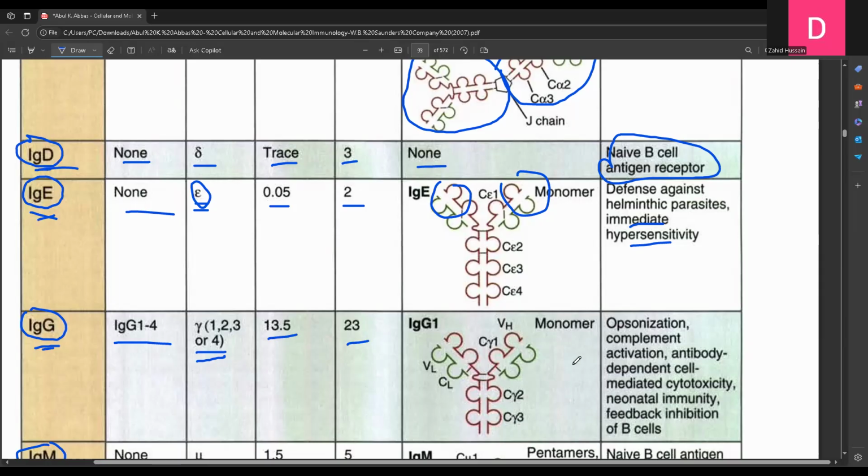In IgG, it helps in opsonization, in the activation of the complement system, in antibody dependent cell-mediated cytotoxicity, and in neonatal immunity and feedback inhibition of B cells. The best antibody for complement activation is IgG3.